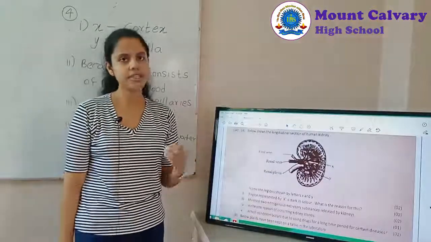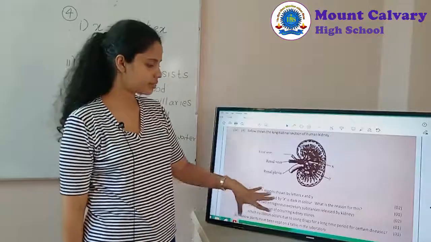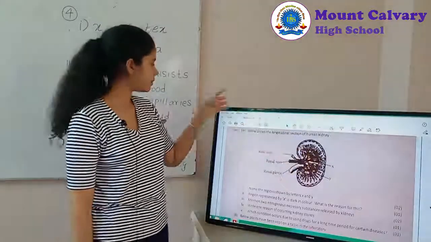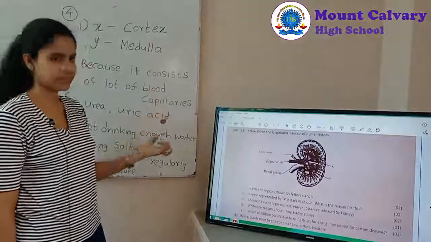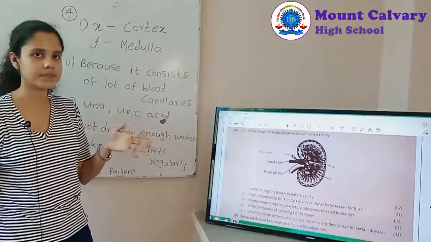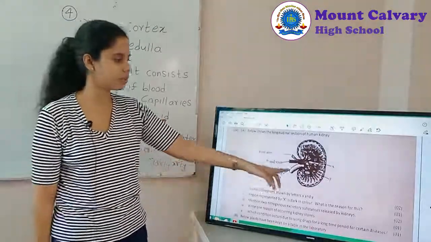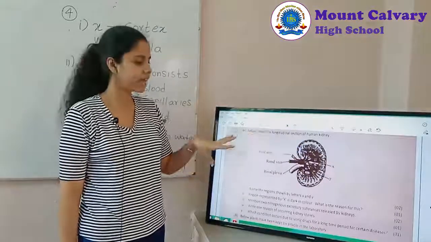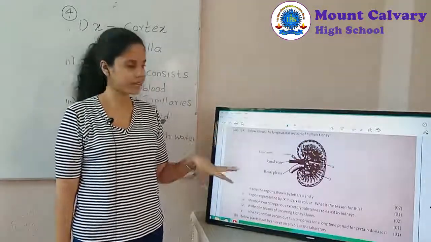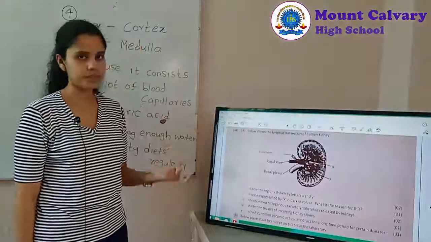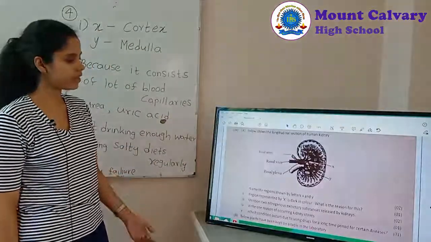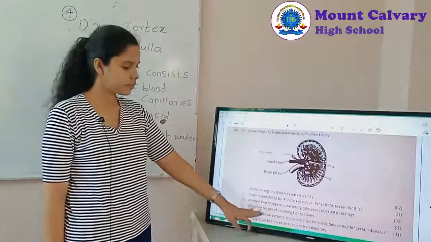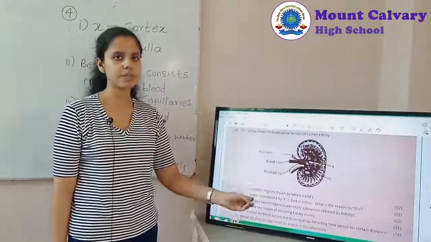Kidney stone means calcium oxalate will precipitate on your kidney, inside the blood capillaries of your kidney. Calcium oxalate will precipitate due to lack of water. And if you take a lot of salty food, it contains sodium chloride, right?